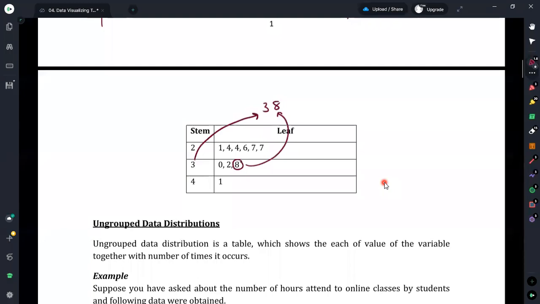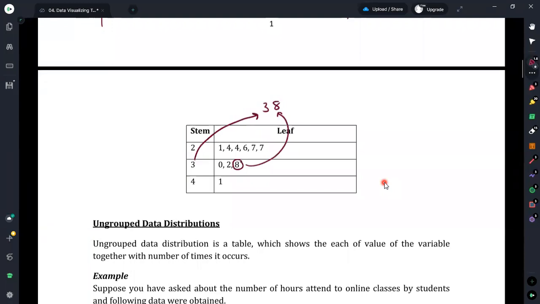In later sessions, when I discuss the shapes of distributions, we will see that we can identify whether the data set is skewed to the left-hand side or the right-hand side simply using this stem and leaf plot. This is an added advantage of using the stem and leaf plot for data presentation.